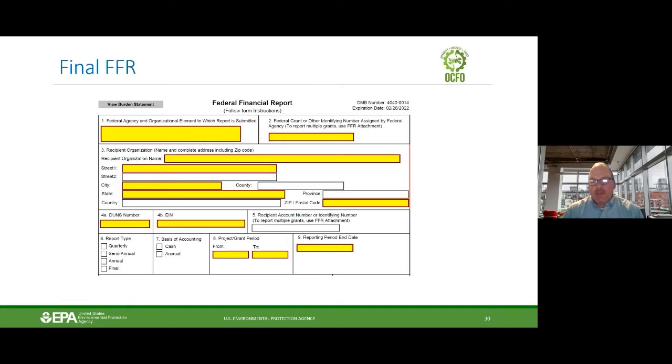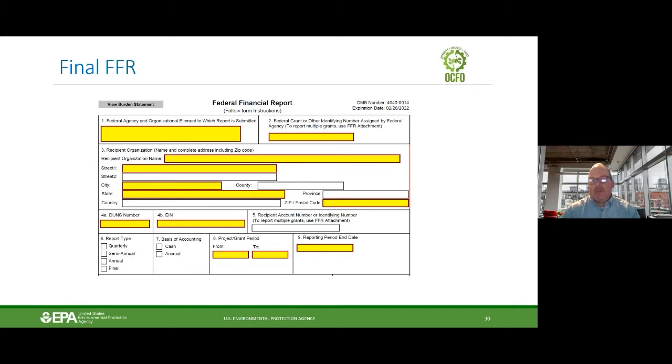So this is the FFR. This is used for both interim reports and for your final reports. And the top section is fairly self-explanatory. Starting at block number 1, the agency you're going to submit it to, and your grant number, and block number 2, okay? Recipient organization name, address, your DUNS number, your EIN.